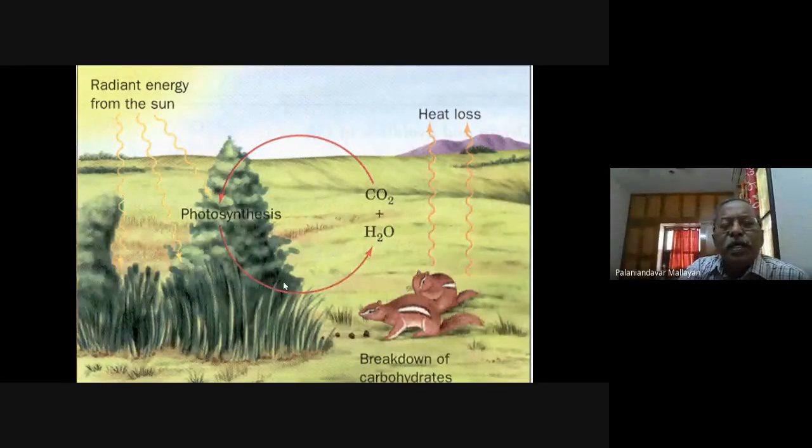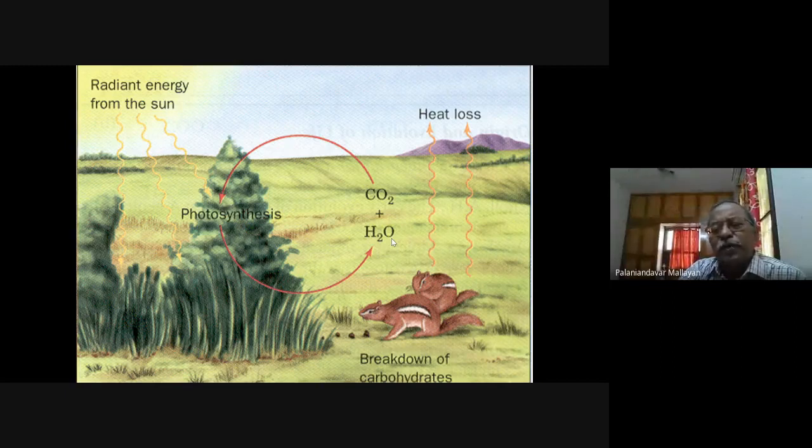Again, I shall show you here the cartoon which shows the reduction of carbon dioxide with water, hydrogen atoms of water, where you get the carbohydrates and oxygen is the byproduct.